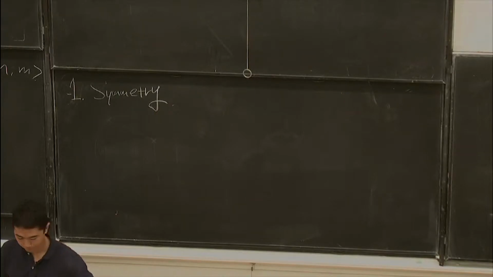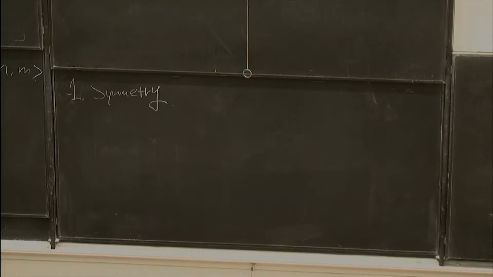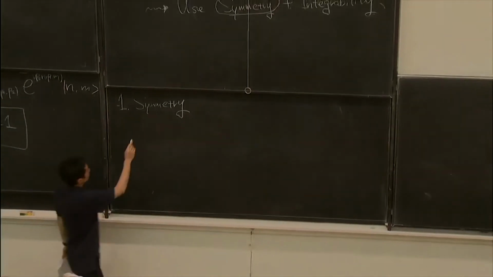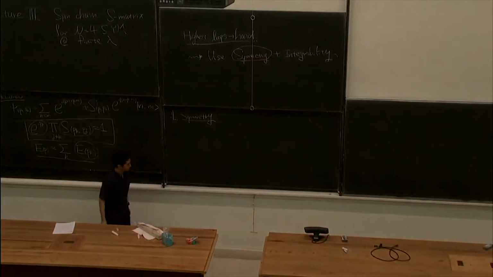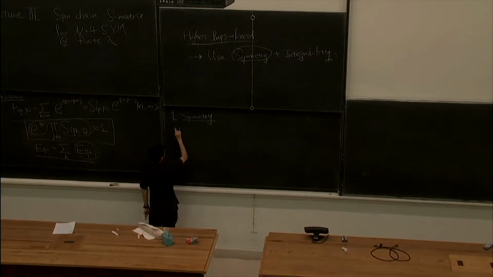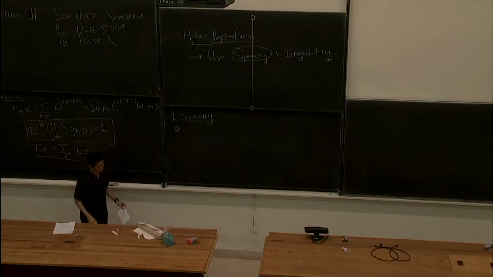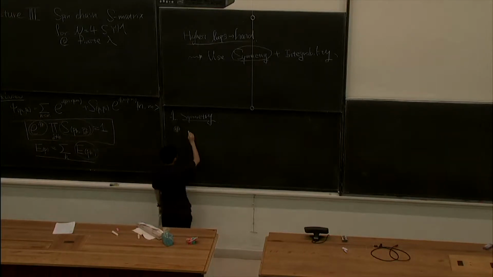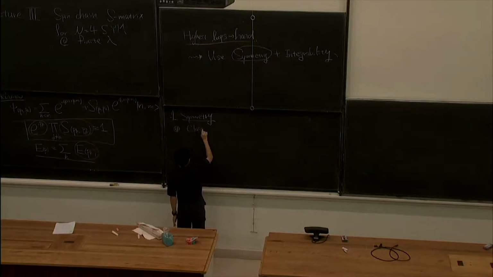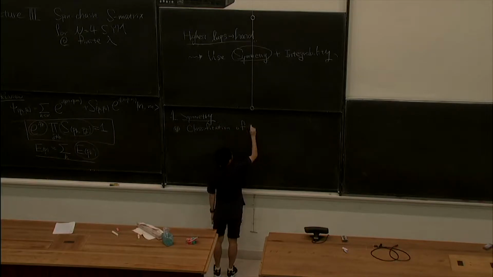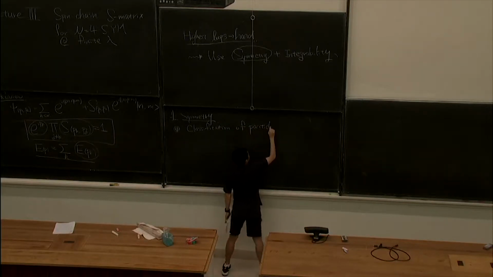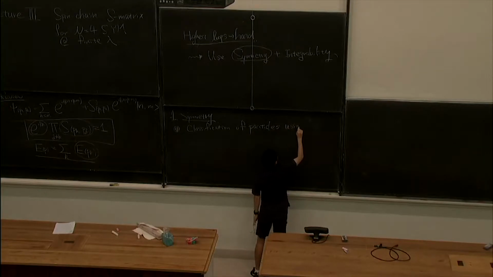The idea is to use the symmetry in a nice way so that you can actually fix the finite coupling S matrix and this dispersion relation. But before analyzing a real problem, let us recall one of the textbook examples of how symmetry was used, which is the classification of particles using Poincare groups.